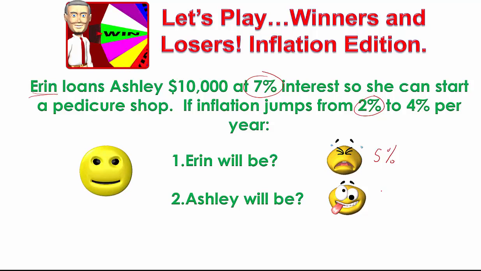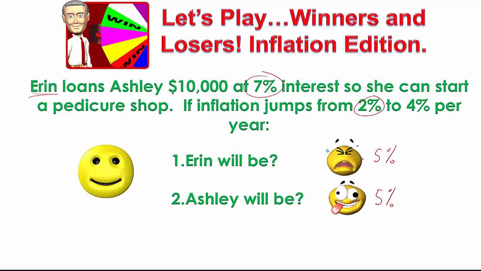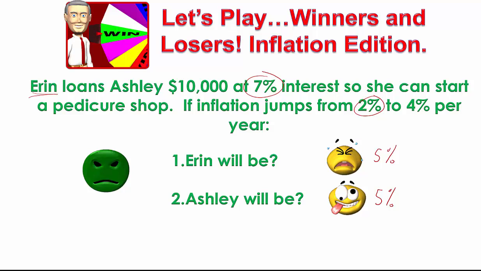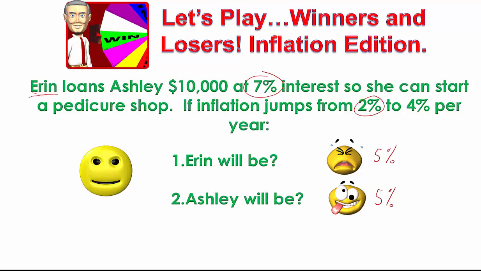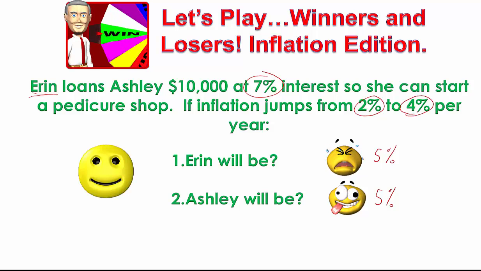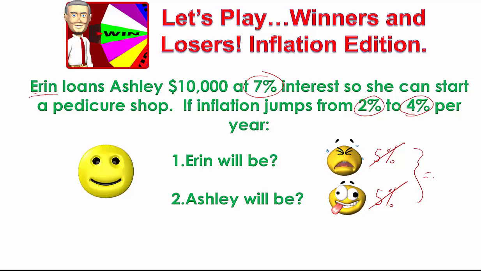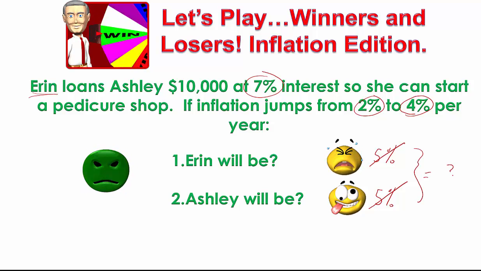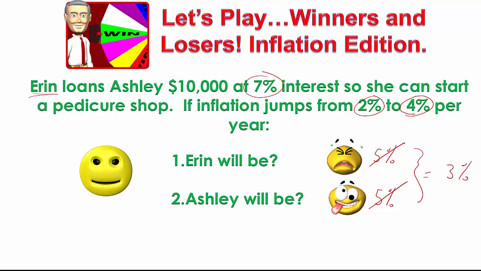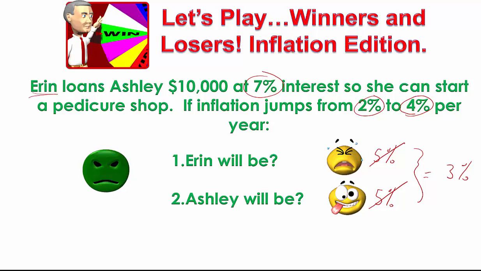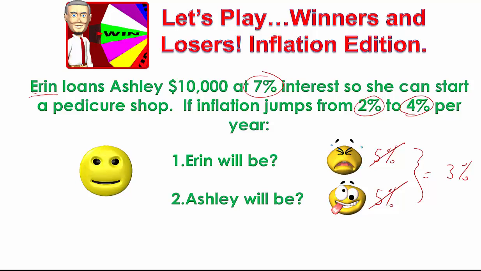And Ashley was going to pay 5%. So that's how they agreed to everything. However, when inflation was 2% higher, that means these real rates of interest all become 2% less. Ashley's happy to be paying less real interest, and Erin is unhappy to be earning less real interest.